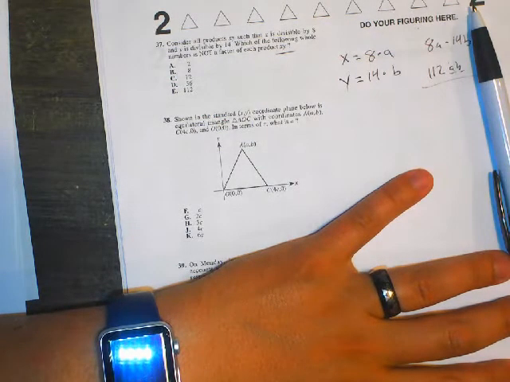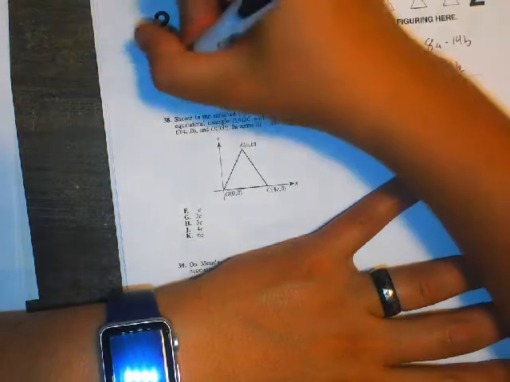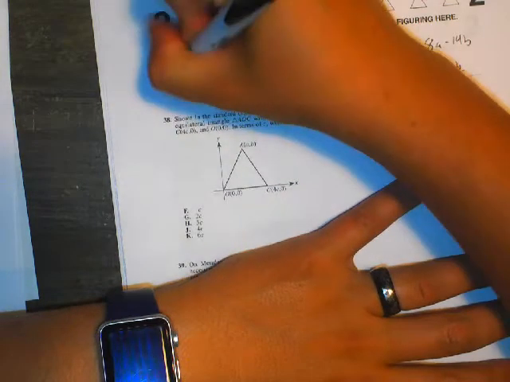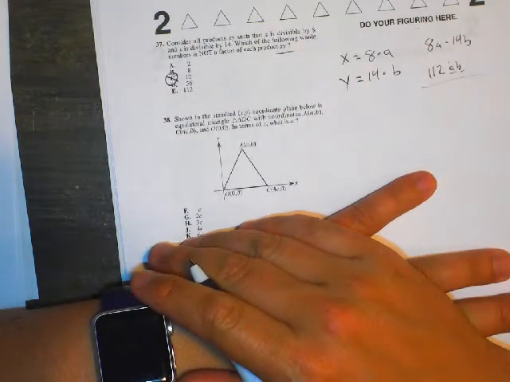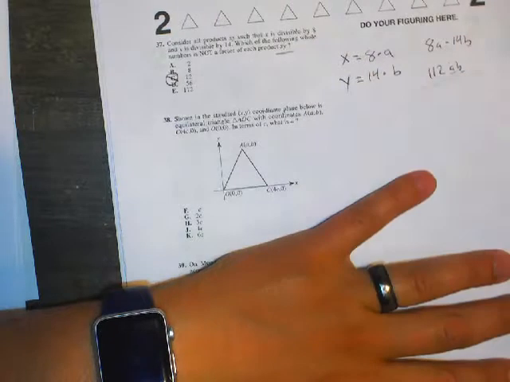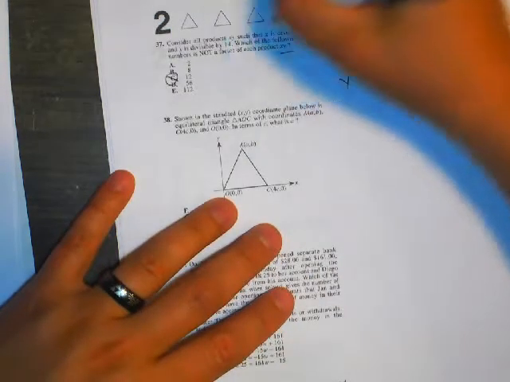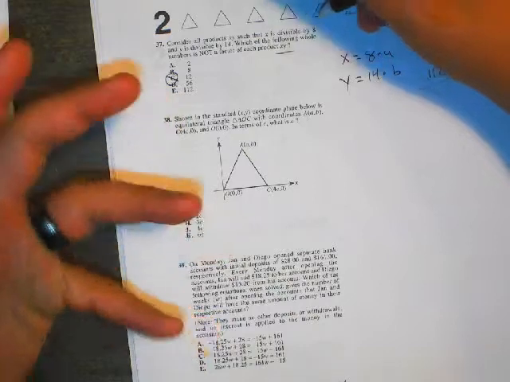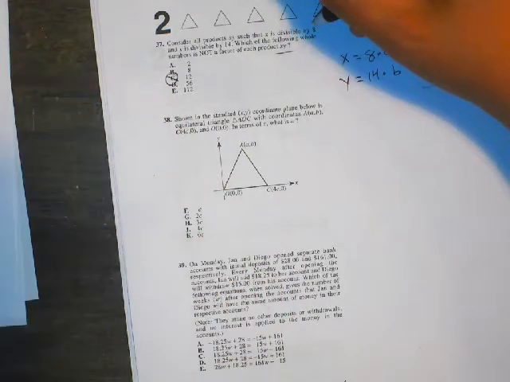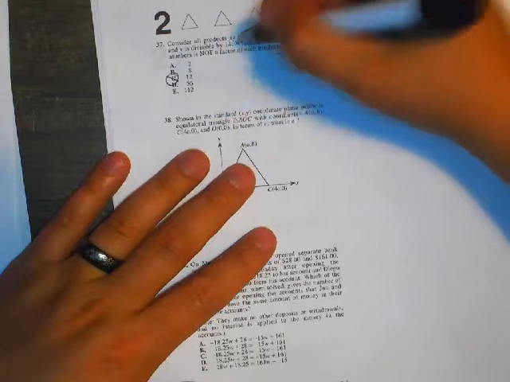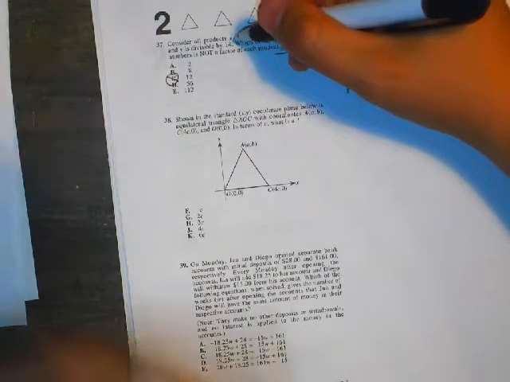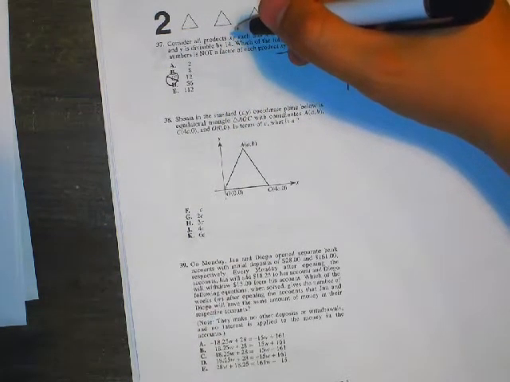But the point is, no matter what happens, 2 is going to go into 112ab. It doesn't matter what a and b are because 2 can go into 112. The same is true of 8, but not 12, which means 12 is the answer. 56 can go in, 112 can obviously go in.